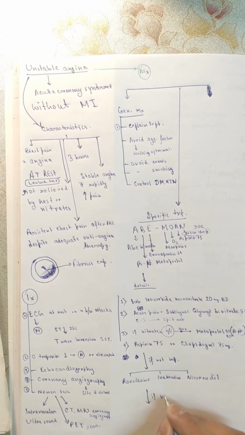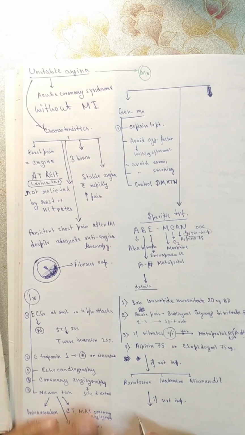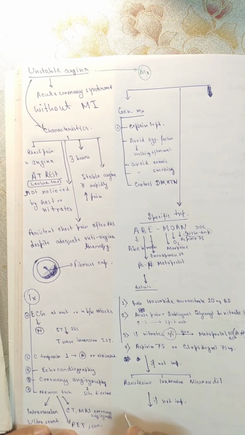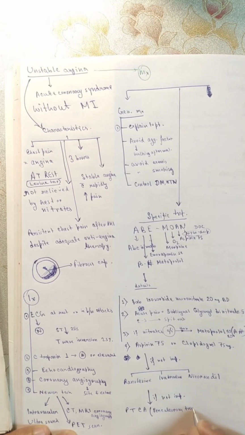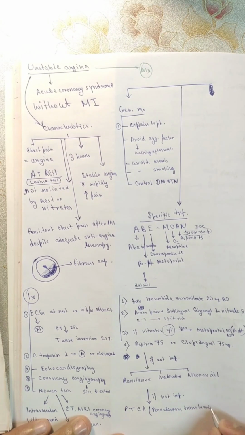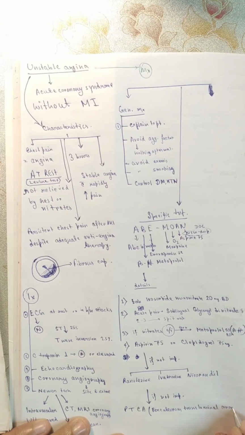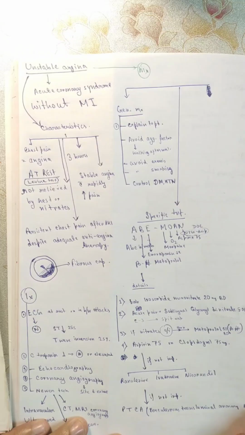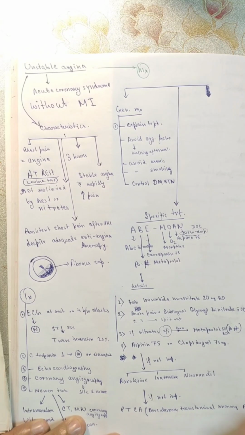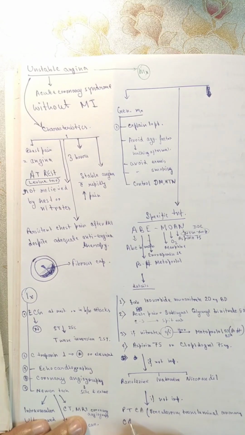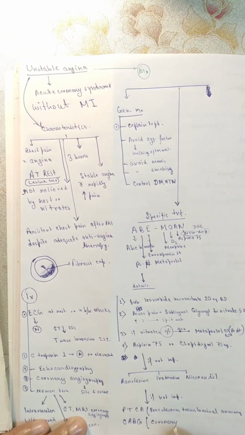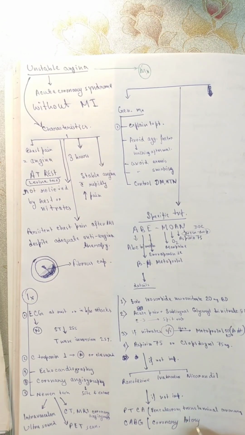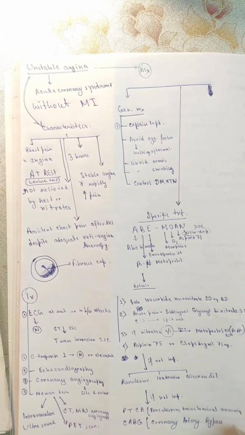If not improve, then we will do PTCA, that is percutaneous transluminal coronary angioplasty, or CABG, that is coronary artery bypass grafting.